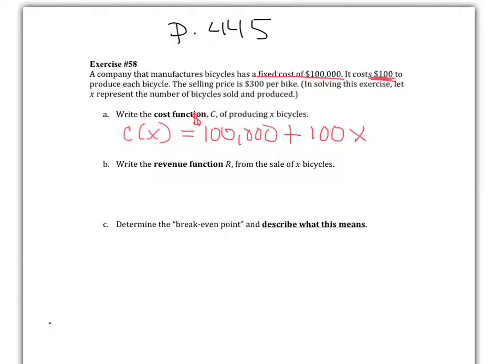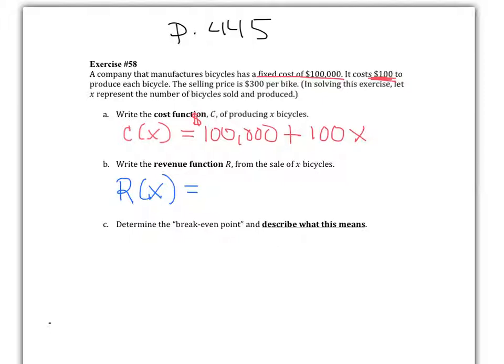Okay, so the revenue function. Write the revenue function, capital R, from the sales of X bicycles. Again we have R of X, an input, and then we find an output.